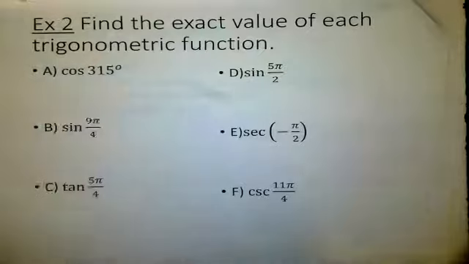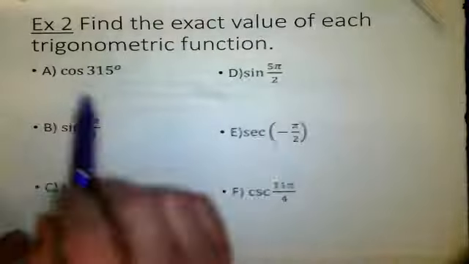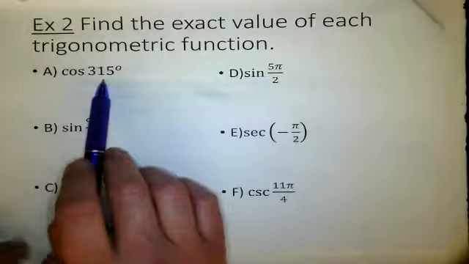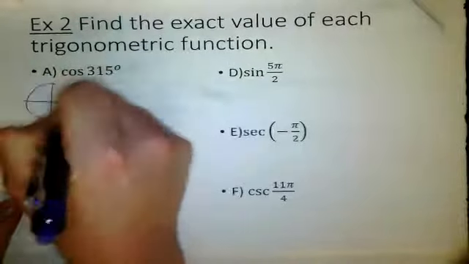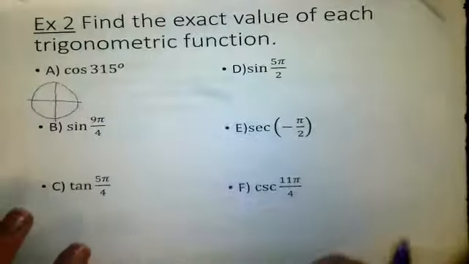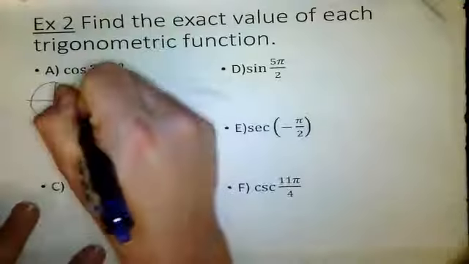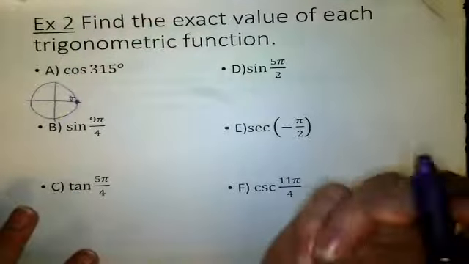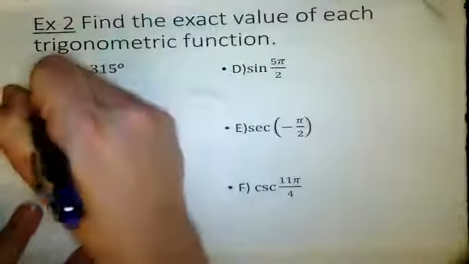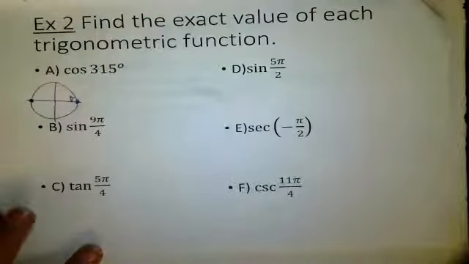So we're going to draw a little sketch to help us out. We want to find the cosine of 315 degrees. I'm going to make a little sketch. This is about a quarter-sized circle here. Do we have to change it to radians? You don't have to, because the degrees and radians have the same ordered pairs anyway.